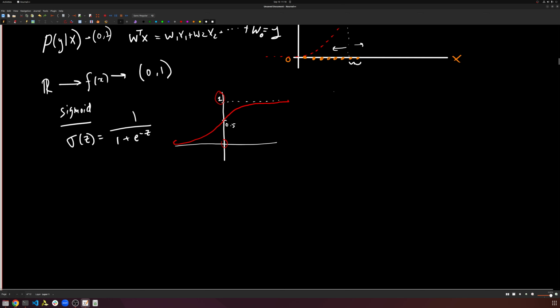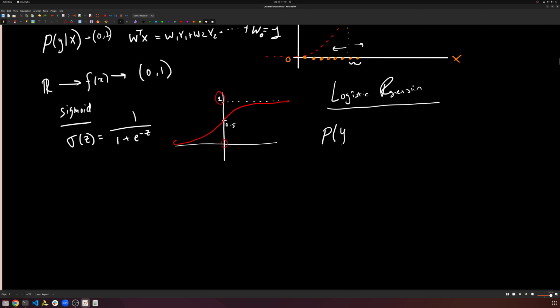The logistic regression is trying to model the probability of y equals 1 given x, right? That's our goal. What's the probability of y equals 1 given x?